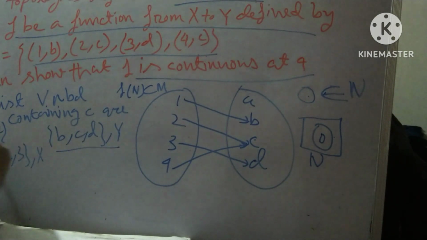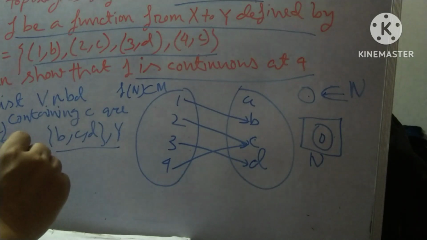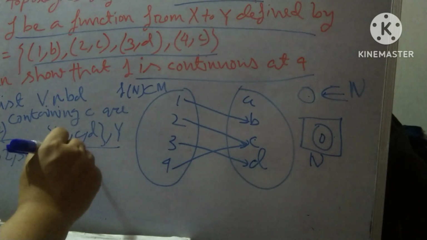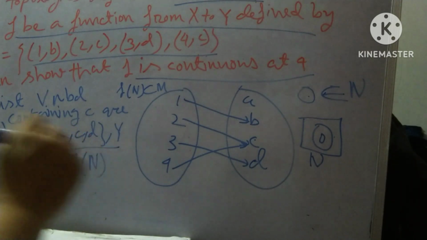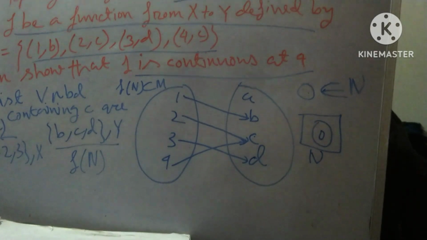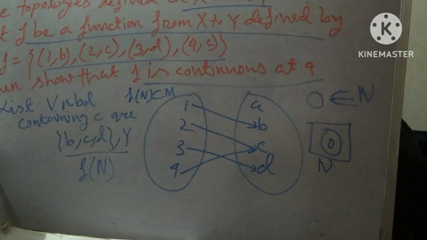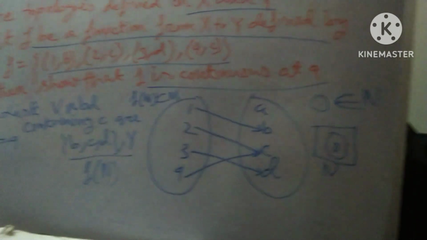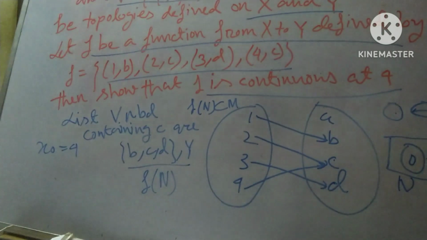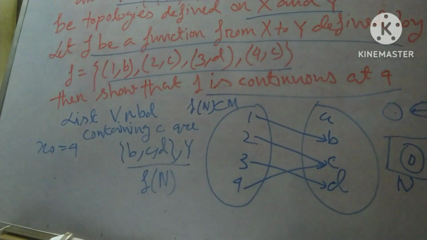Now f(N) is a subset of, my point is x0 equals 4.